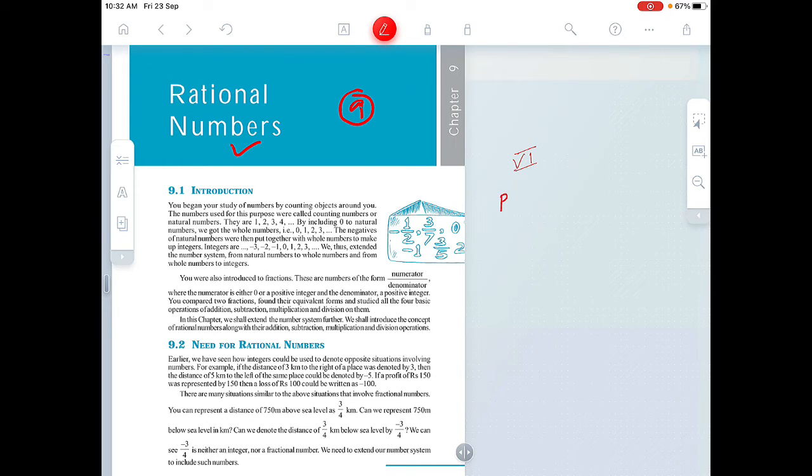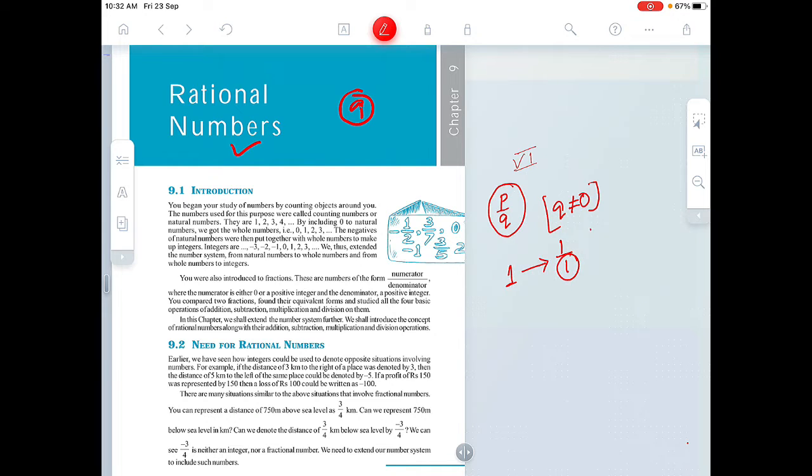A number which can be written in the form p by q, where q is not equal to 0, and p and q must be in their simplest form, meaning their HCF will always be 1. Suppose I write 1 as 1 by 1.